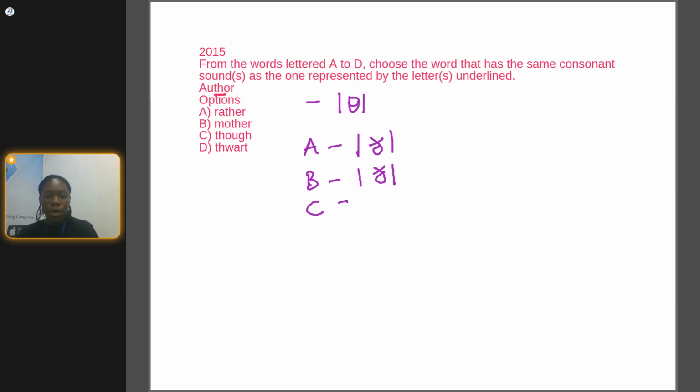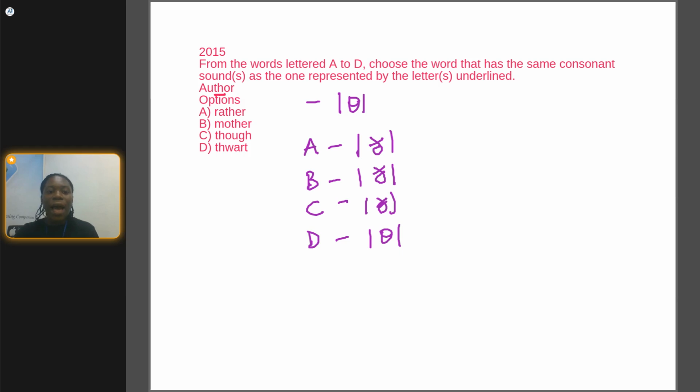Now we have option C as though, which means the sound we have is also th, because you can't call it t-ough. So it's also the th sound. But option D is thought. So option D has the O sound.